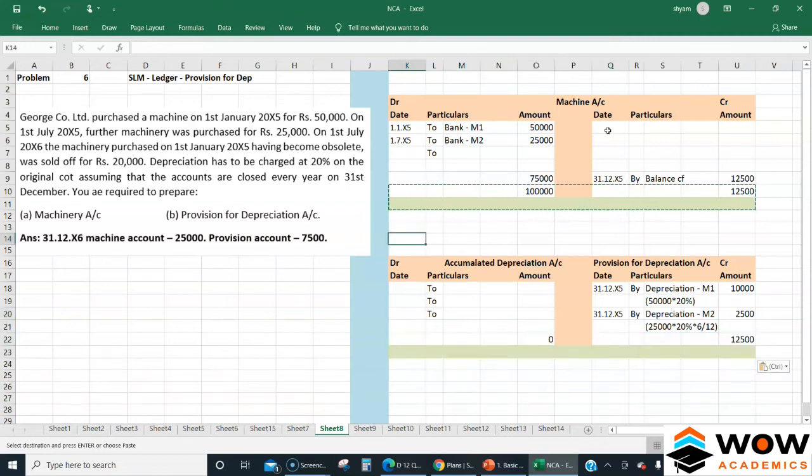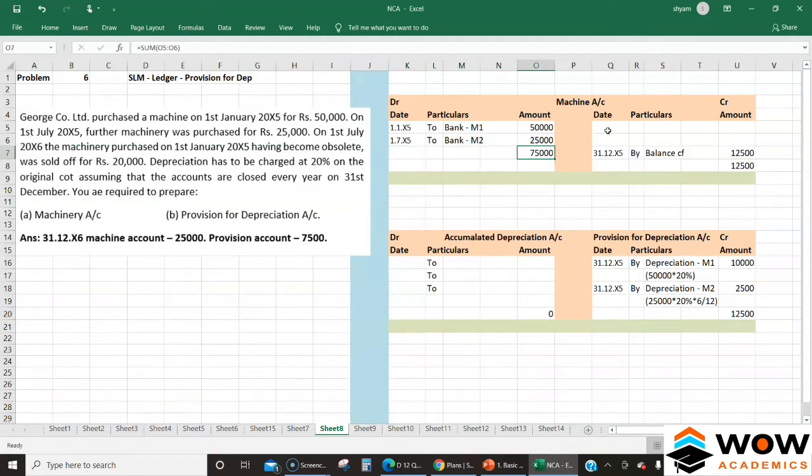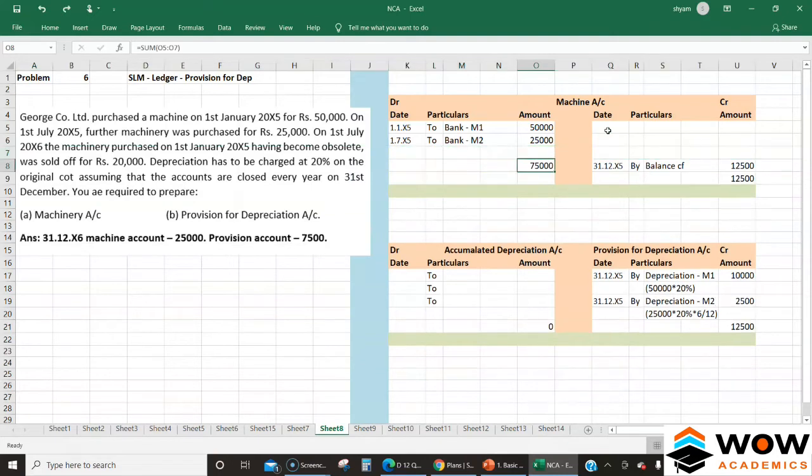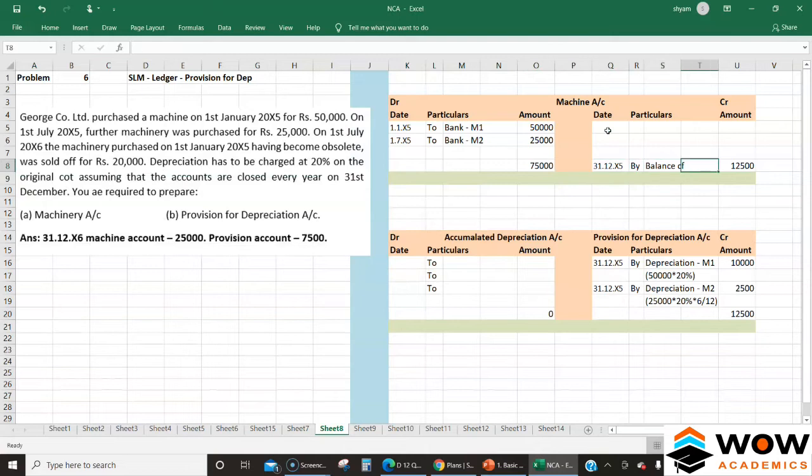The asset value will always be held at the original value, which is 75,000. So the closing value would be the same 75,000. The machine value has to be kept at the original and the depreciation alone has to be provided separately.